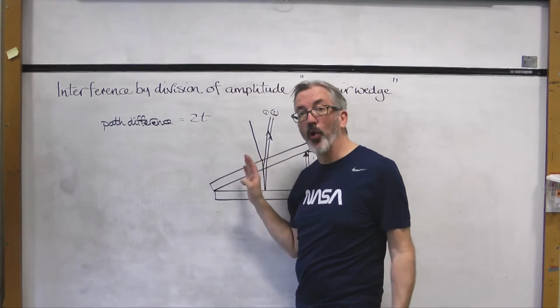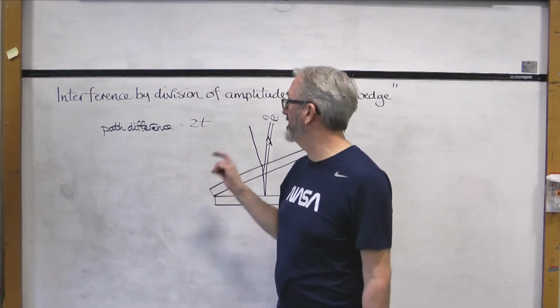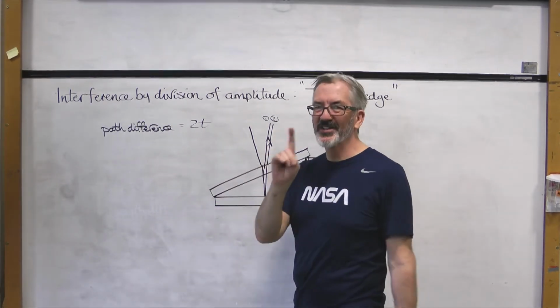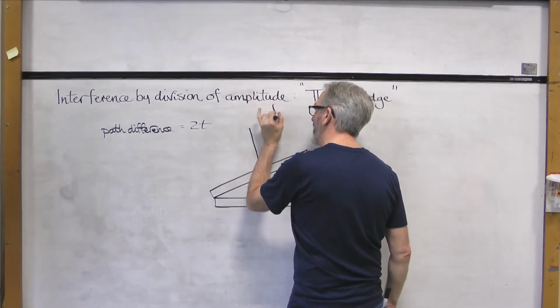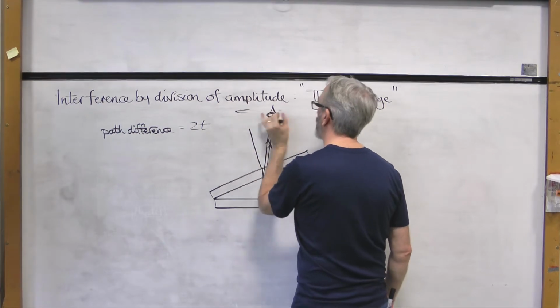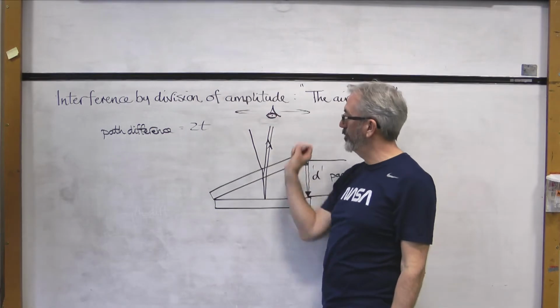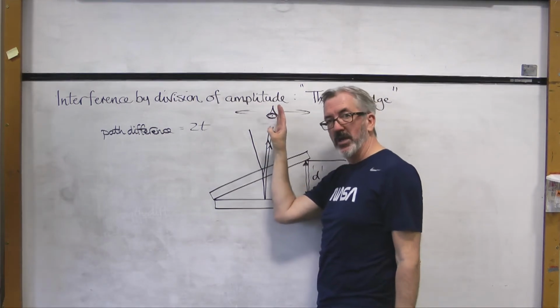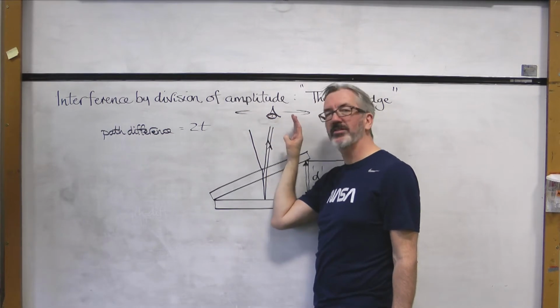And if that's equal to a whole wavelength, we will get constructive interference. If it's equal to half a wavelength, we'll get destructive interference. Now here's the key, here's the hook. If you put your eye there, and you move your head that way or that way, what you will see is regions of constructive and destructive interference.